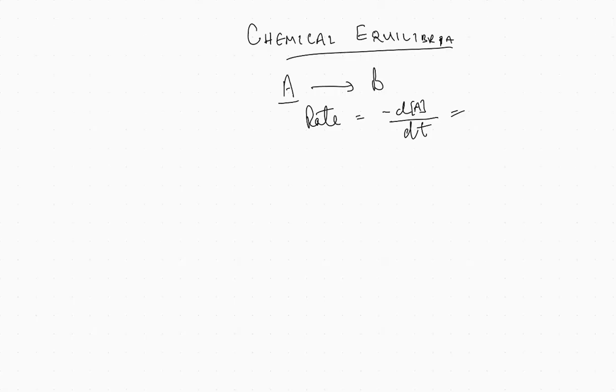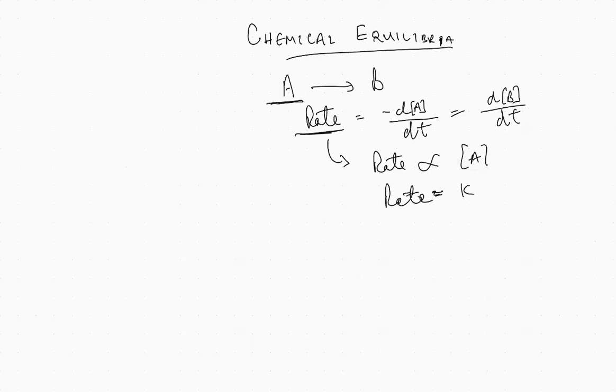But this rate is dependent on the concentration of A. It may be first order, second or third order, but I'm just giving the basics here so that we can move on to study chemical equilibrium. The rate increases with the concentration of A, so the rate is proportional to the concentration of A. If I put in the rate constant, the proportionality constant, I can write the equation like that.